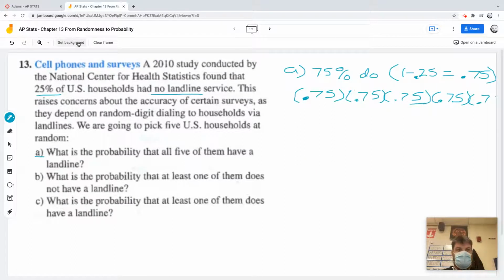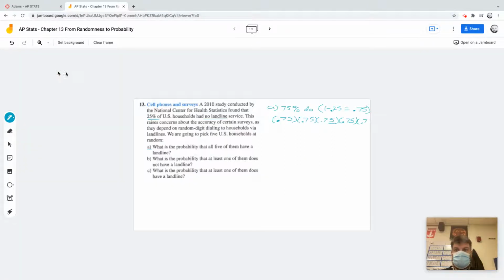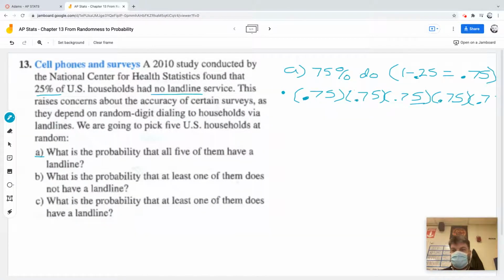Or you could just write it this way. You could say 0.75 raised to the 5th.